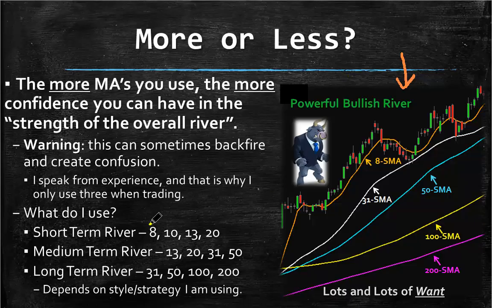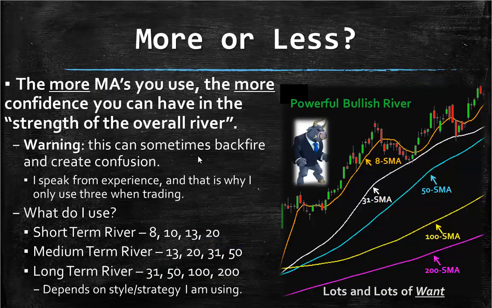Here I'm calling the 13 and the 20 a short-term river, but sometimes I'm using them as a medium-term river, because that depends on what I'm trying to accomplish and the style of the strategy. So sometimes moving averages may be considered short-term, other times medium-term. Here I'm considering 31 and 50 as medium-term, but at other times using them as longer-term.